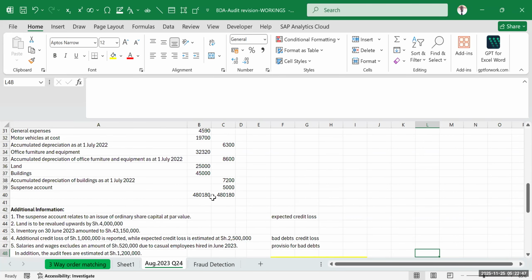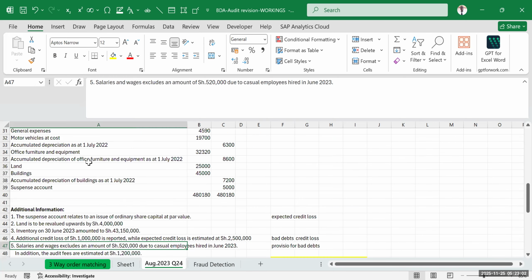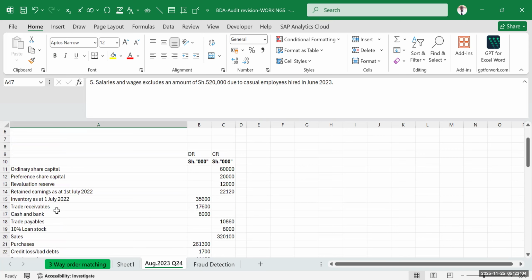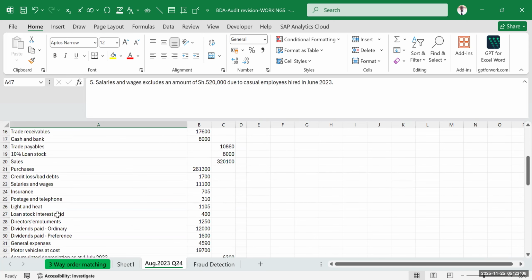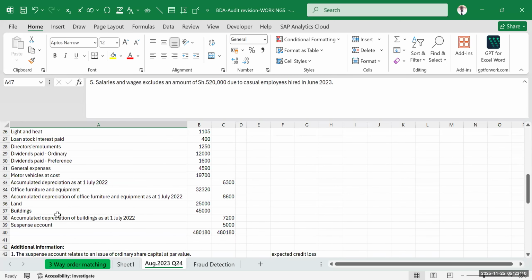Note 5 is talking about salaries and wages, which they are saying excludes an amount of 520,000 due to casual employees hired in June 2023. So the salaries and wages given in these balances, in the trial balance, exclude that amount that was paid to some casual employees.